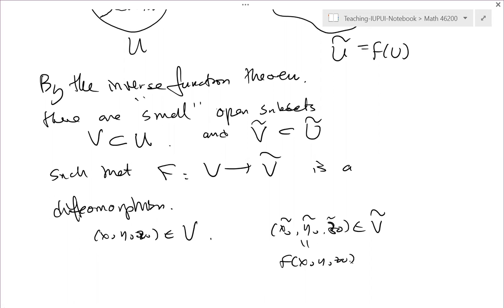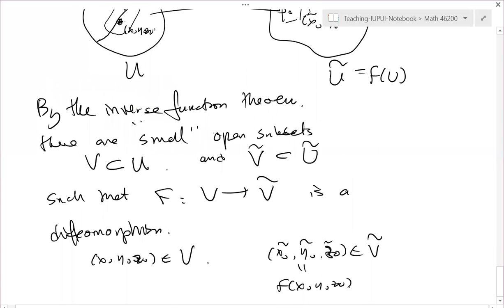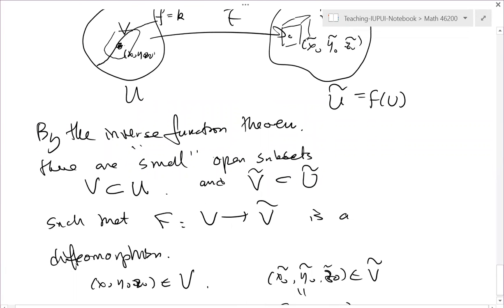I can even assume that this is the U2, and I can make it square, because you can always shrink it a little bit smaller. You can assume this is U2 and make it like a cube. This is 2-dimensional. I can assume that this can be any interval, a small interval around z0, so I can have a and b, for example. We can make it like that.